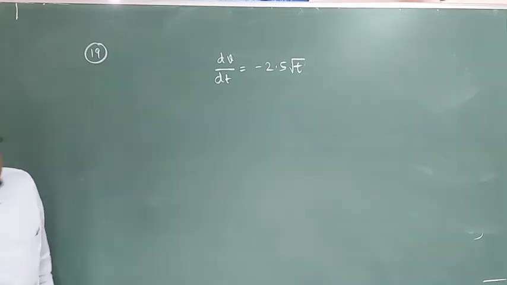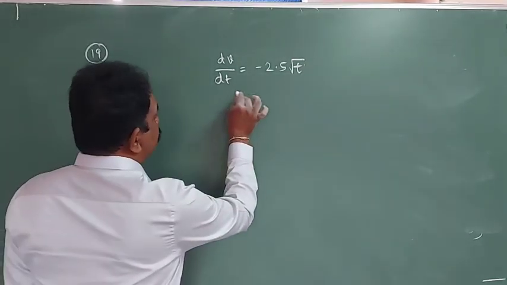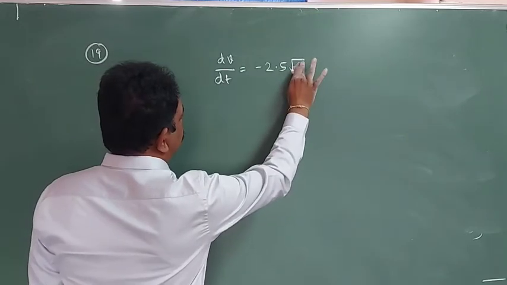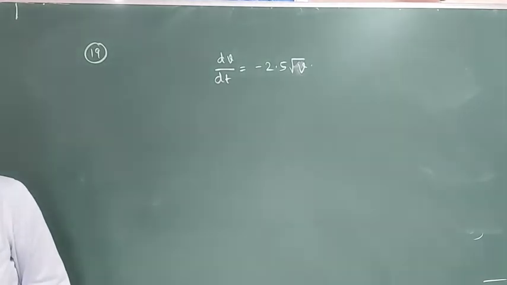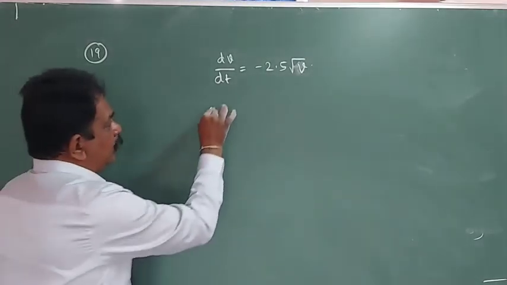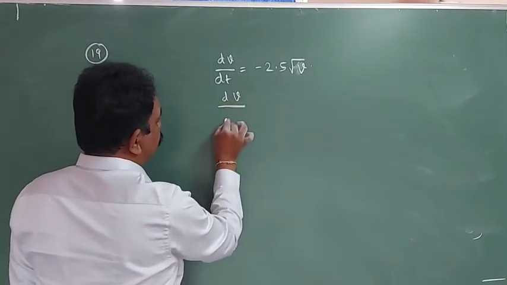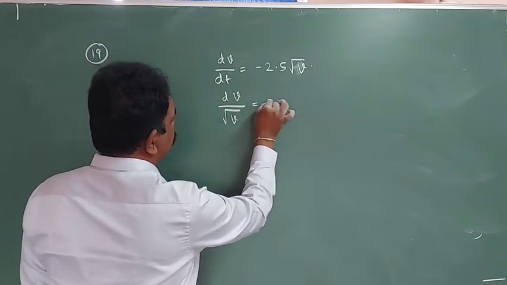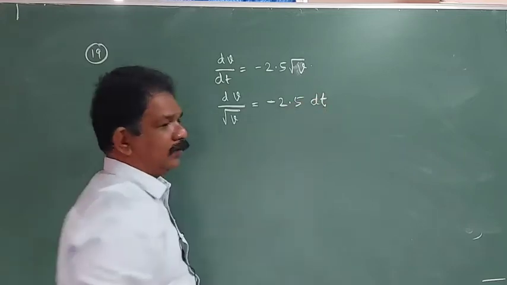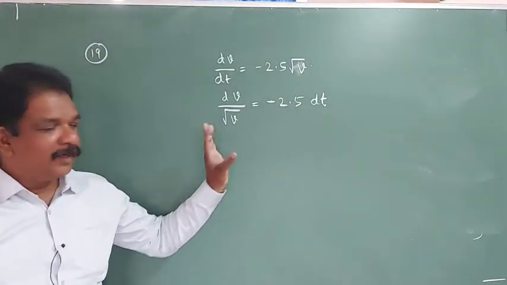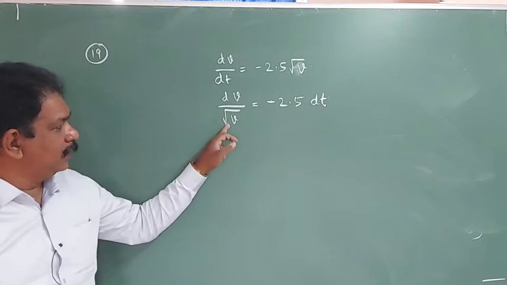I am doing this one like this. dv by, this is root v, na? 2.5 root v. Yes. dv by root v is equal to minus 2.5 dt.